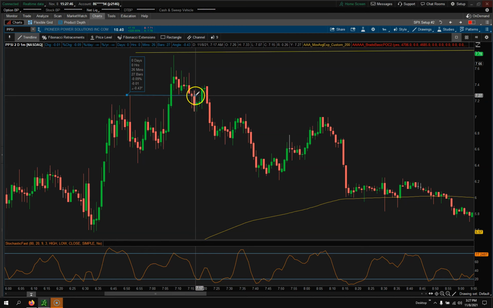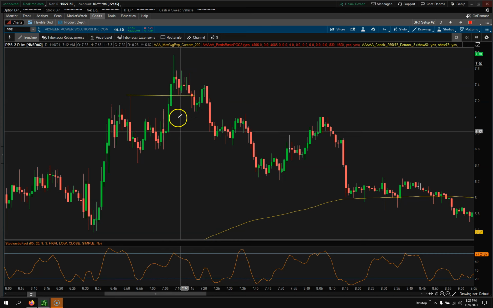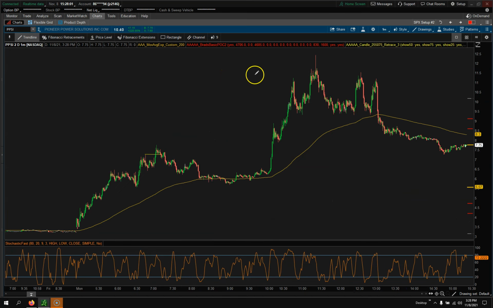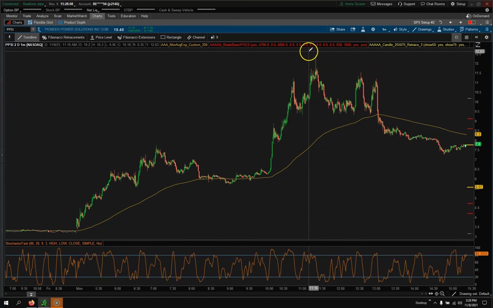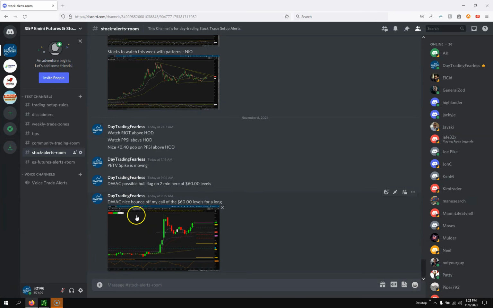So I said watch for a high of day break, meaning over here we were curling back up, and look at this move all the way up to 780 and then a pullback. Remember, a lot of my trades are just for scalps, but sometimes they do run a long ways. Look at this thing, it actually went all the way up to $12. But you also had to ride the wave of volatility on that.